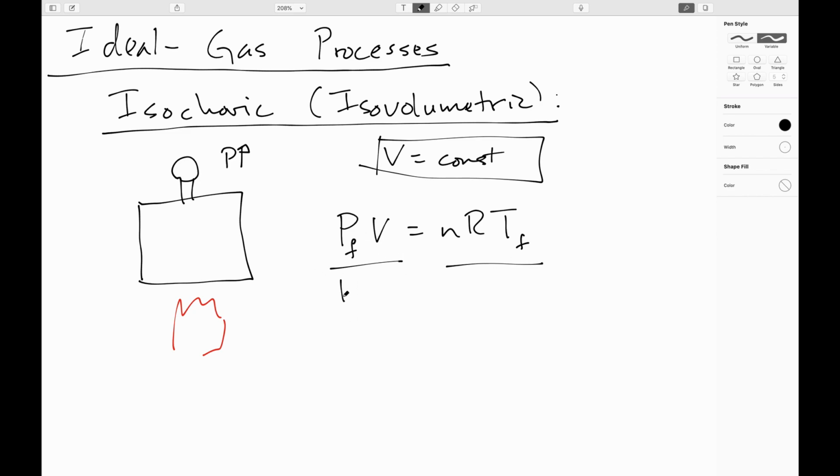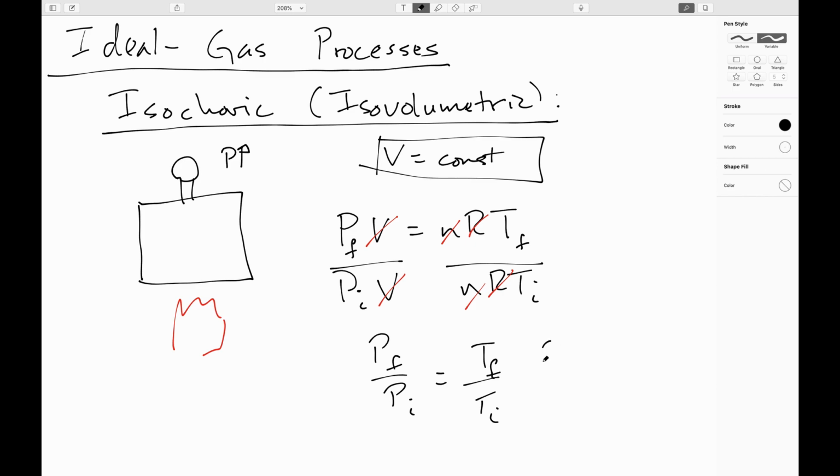Now I can divide this side by P initial V, as long as I divide it by what it's equal to over here. So now what this gives me is the V's cancel, the n's and R's cancel, and I am left with P final is to P initial as T final is to T initial.